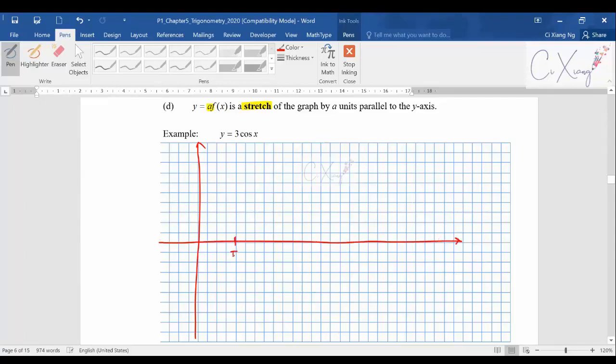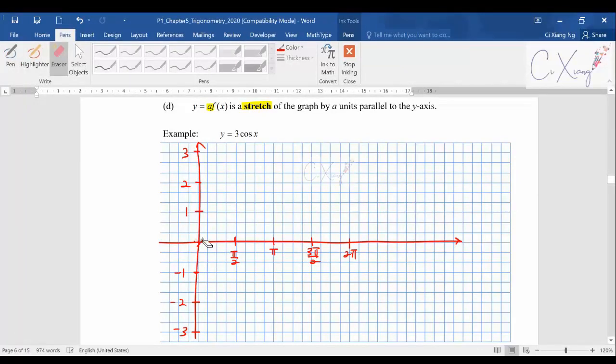So maybe still 4 boxes for the x-axis, and then for the y value, maybe I put 3 boxes as 1 unit. I need to have until 3. So -1, -2, and then this is -3. So I plot the original graph first.